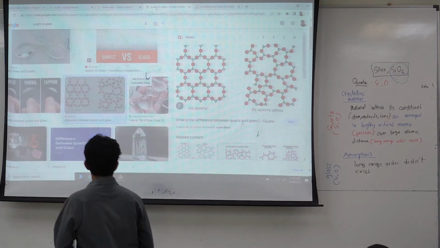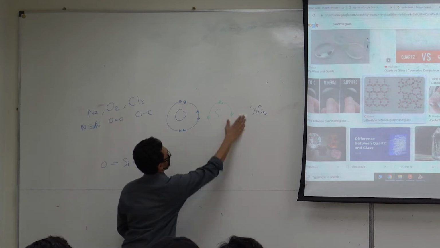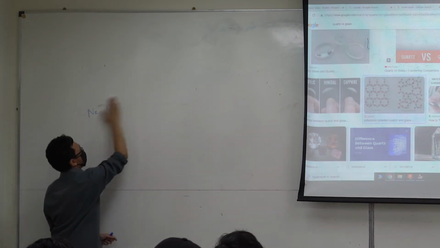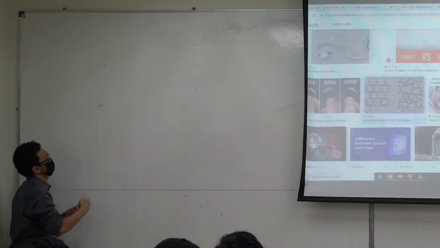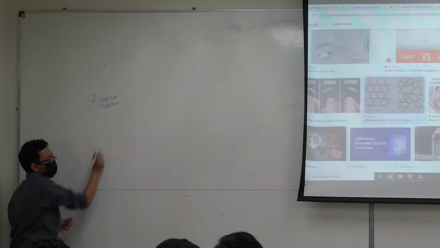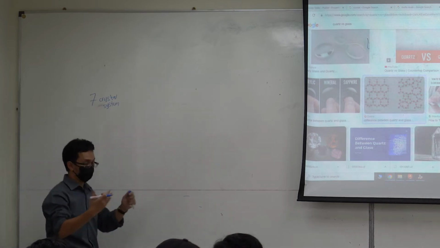So basically, the possible arrangements in crystalline material, scientists have categorized under only 7 crystal systems. What does crystal system mean? Later we will talk about the lattice.